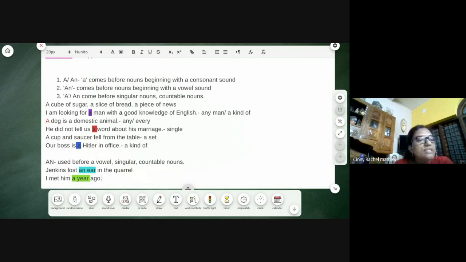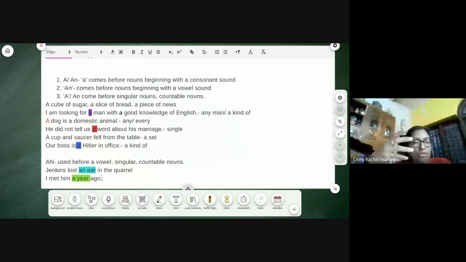Now, how is it that, though we know by usage or by experience that an can only, I mean, EAR can only take an.